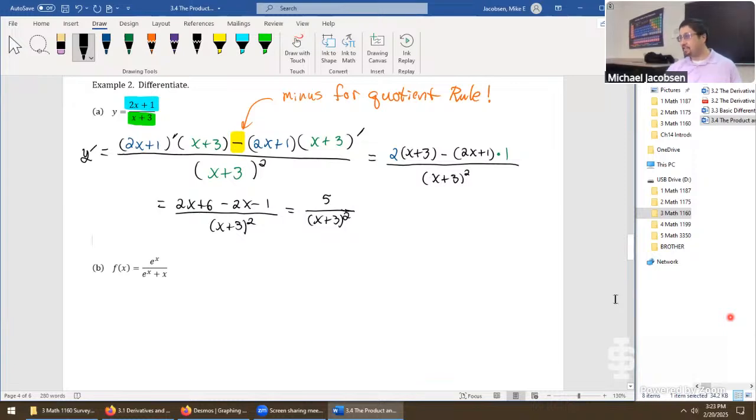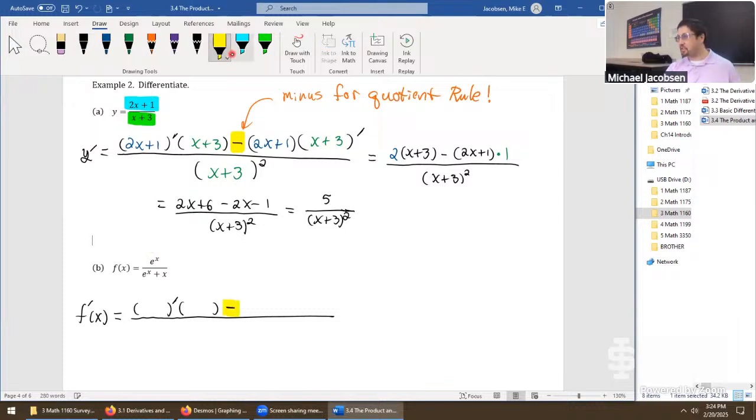Okay, let's try it out again. Really, once you get the pattern of the attack down, that's all there really is to these kinds of problems. So go: f prime of x equals, write out this to start. And this time I remembered the minus, but this is highlight worthy, I'd say. Okay, we've got our structure.